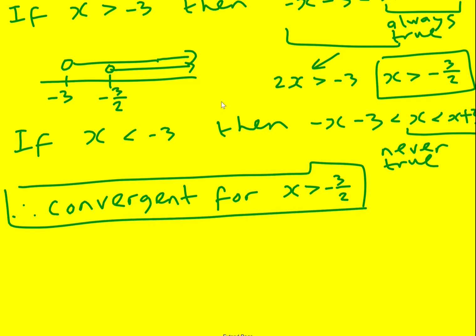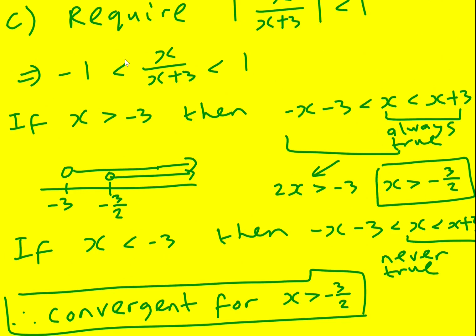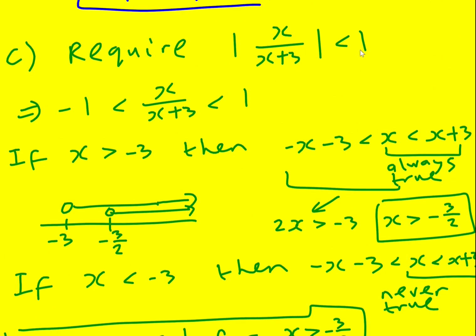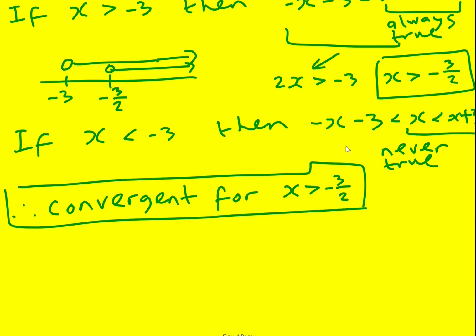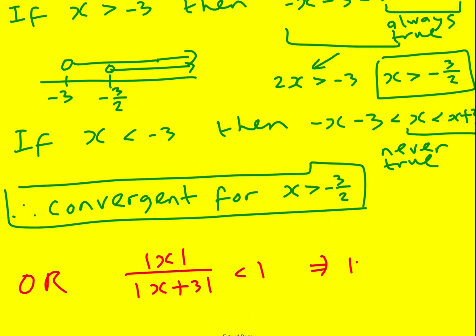A second possible way that you might have dealt with this would be to take the original modulus inequality, and you could write it as the modulus of x over the modulus of x + 3 is less than 1, which means that the modulus of x is going to be less than the modulus of x + 3. We can times through because we know that it's positive.